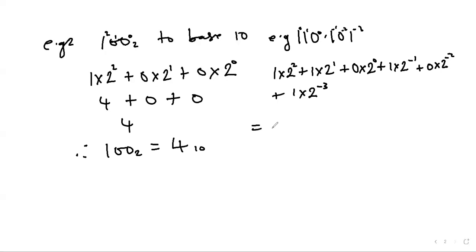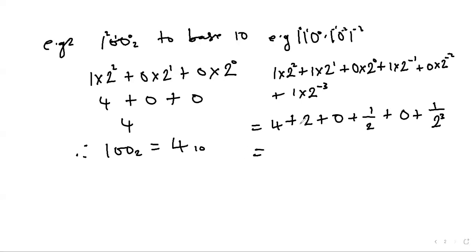So here will be 4 plus 1 times 2 is 2, plus here will be 0. 2 raised to the power of 0 is 1. 1 times 0 is 0. And here will be plus 1 over 2, plus 0 times anything is 0, plus 1 over 2 raised to the power of 3.